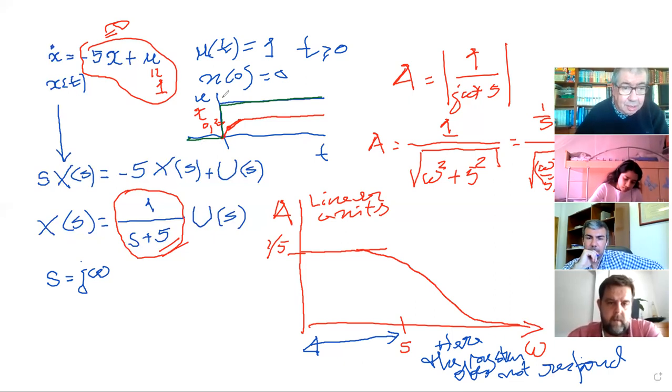So this input is very fast, okay? And now look here. If you think of u as decomposed in sinusoids, the high frequency sinusoids are very much attenuated. So only the low frequency remains, and that's why you have something that has this shape.